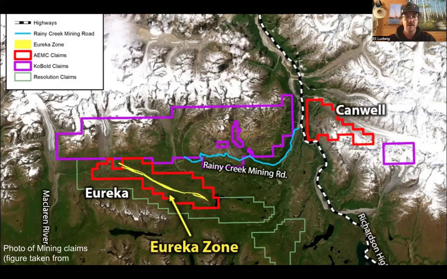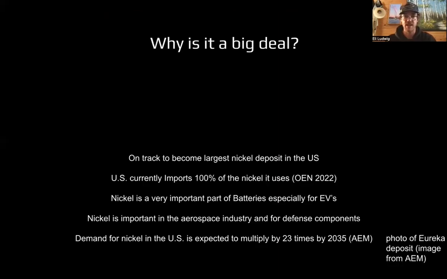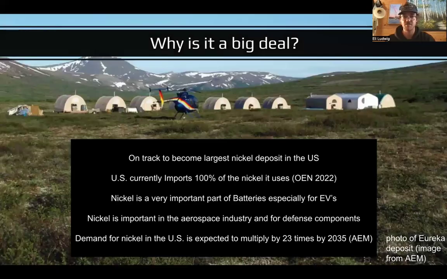And it is a big deal because it is a huge nickel mine. It's one of the largest nickel deposits ever discovered in the United States. And so this is huge for electric vehicles and for aerospace, and also for the US economy because we import all of our nickel, as seen in OEN.